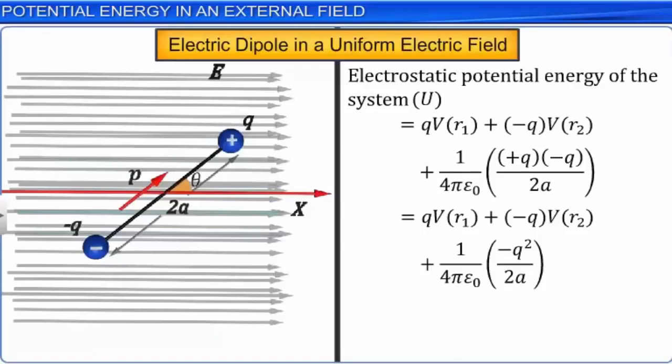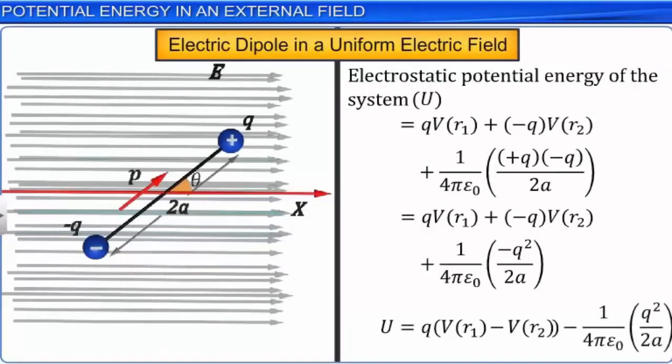This equation can be further simplified as U is equal to Q into V of R1 minus V of R2 minus 1 by 4 pi epsilon naught into Q square by 2a.